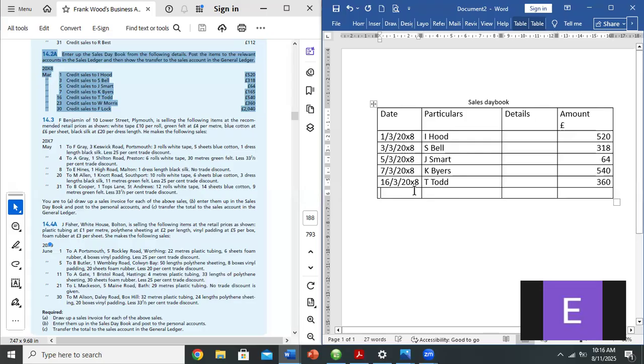And the last one. Last one was, okay, sorry, the last one. I think I've missed some figures here. J Smart 64, K bias is 165. And T Todd is rather the 540. 540 for T Todd.